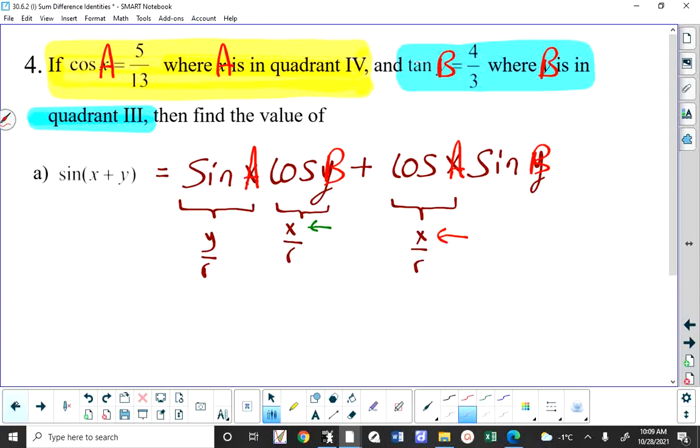It's still going to require organization. But the bottom line is, and I'm going to finish off my statement here, this will be a y over r because it's a sine.